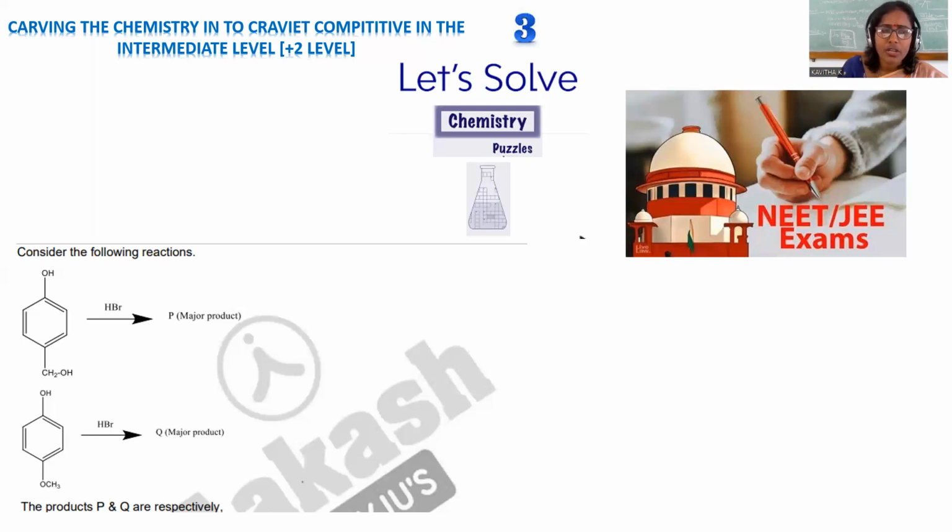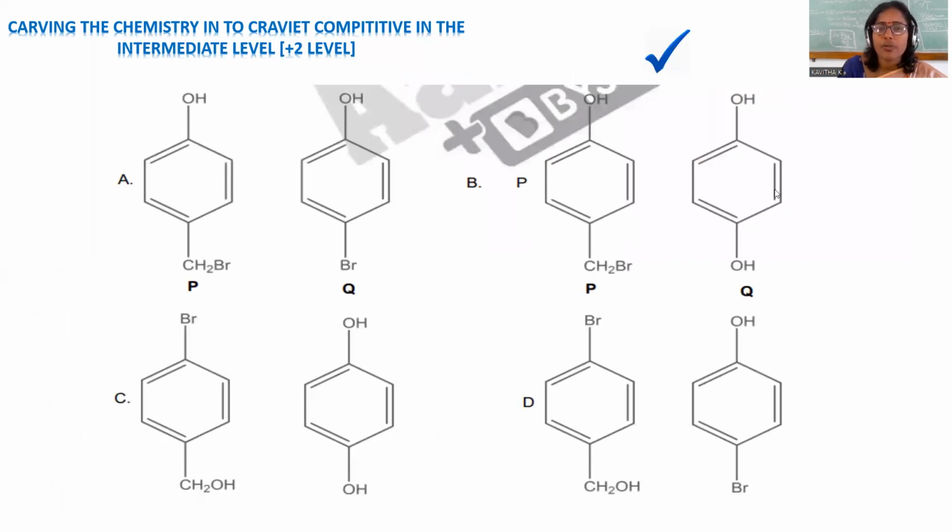Same molecular formula, same reagent, but the arrangement differs: here we have hydroxy, here we have ether. What kind of products will we get? Entirely two different products will be obtained. These many options are provided. We have to go for the right answer for this question.